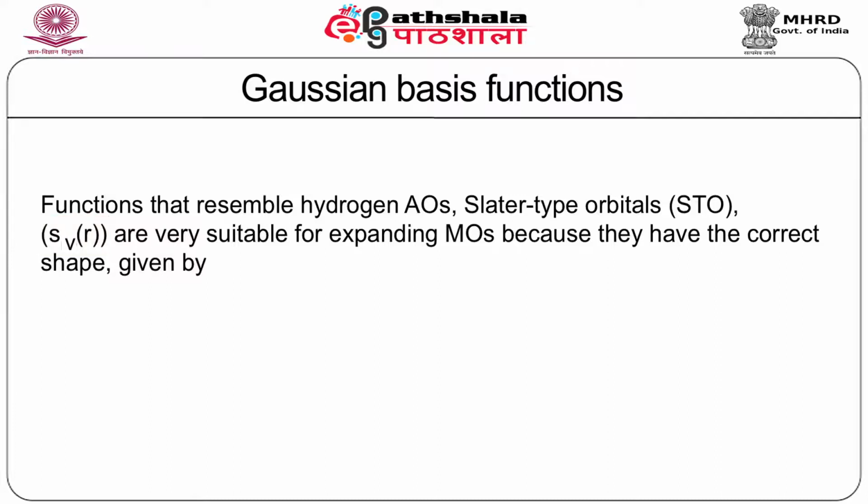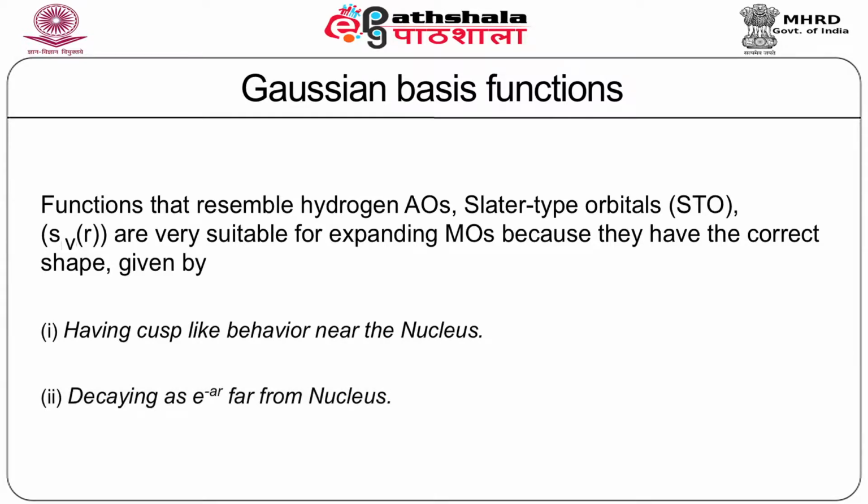They are very suitable for expanding molecular orbitals because they have the correct shape, given by having a cusp-like behavior near the nucleus and decaying as e to the power minus ar far from the nucleus. We'll see this in the schematic plot in the next slide.